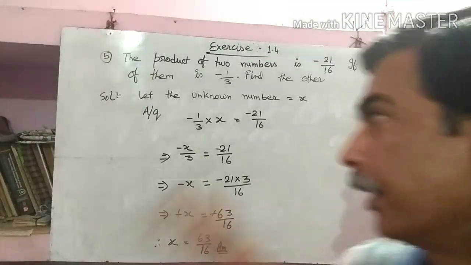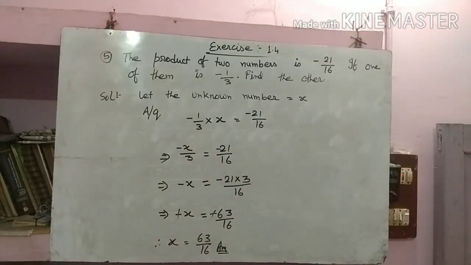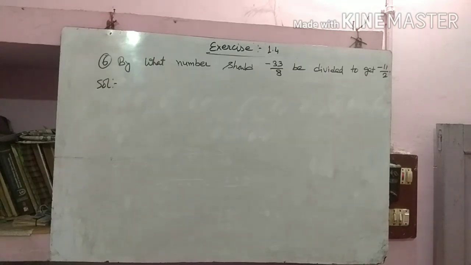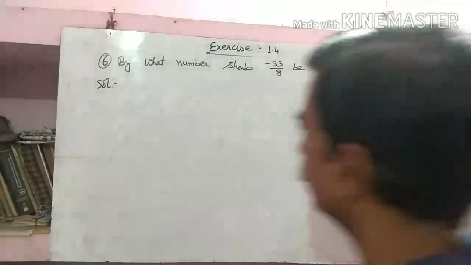Pause the screen and write it. Look here, the sixth question of exercise 1.4 is: what number should minus 33 by 8 be divided by to get minus 11 by 2?